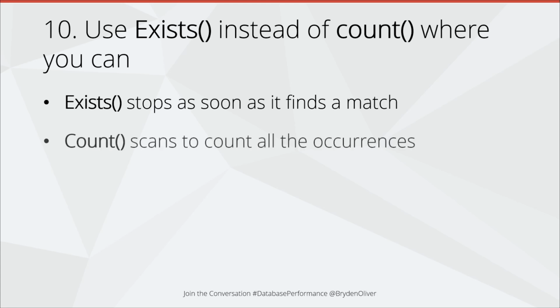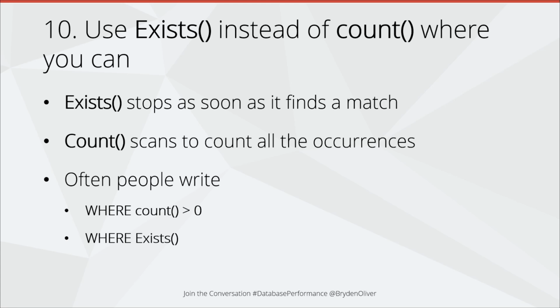And the reason this is efficient is that exists, or any, short circuits out as soon as it finds the first row that matches. So it's going along, it's evaluating everything, and it's short circuiting as soon as it finds a match. Count goes through every row and comes back and tells you how many rows matched. So it's got to go through the whole table, or, you know, the whole filtered table or whatever.